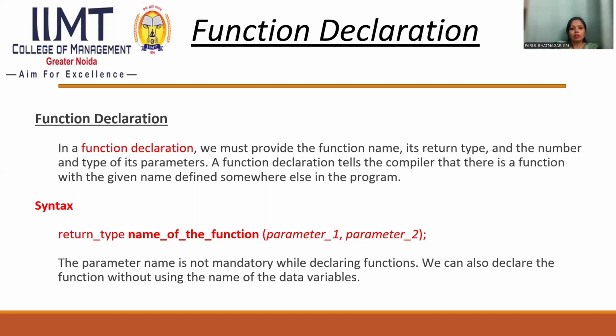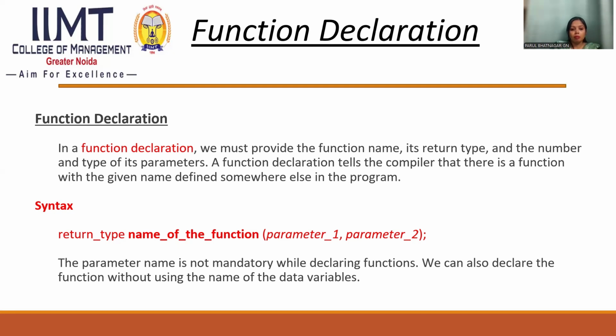In a function declaration, we must provide the function name, its return type, and the number and types of its parameters. A function declaration tells the compiler that there is a function with the given name defined somewhere else in the program. Here is the syntax of function declaration.